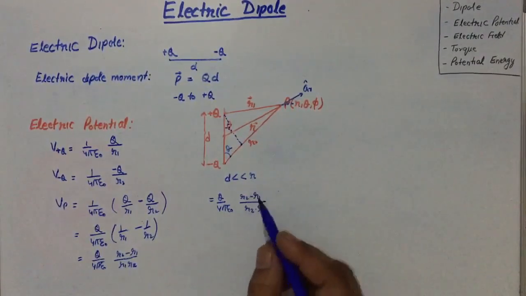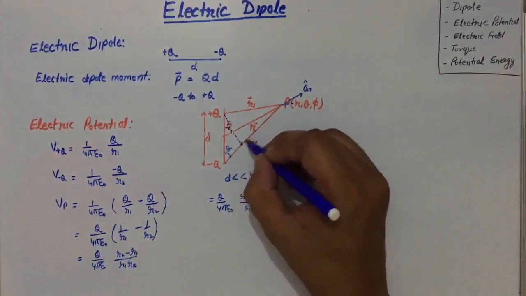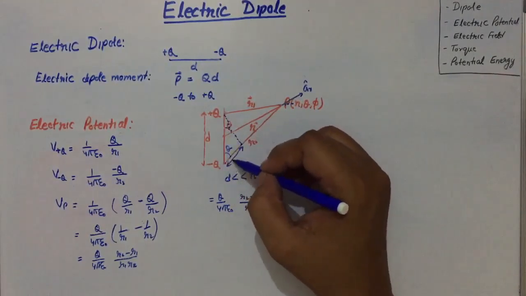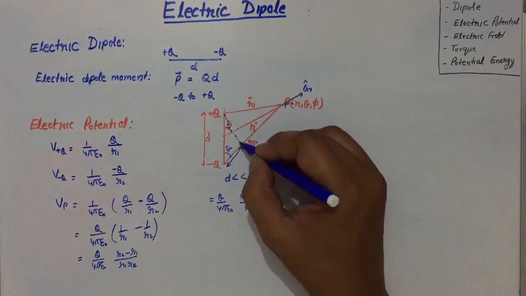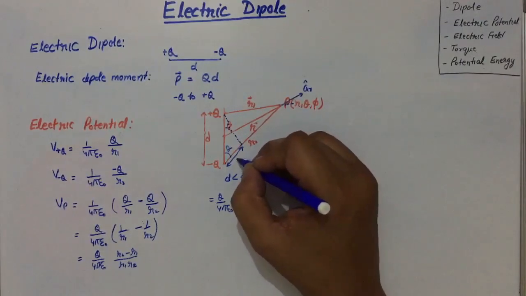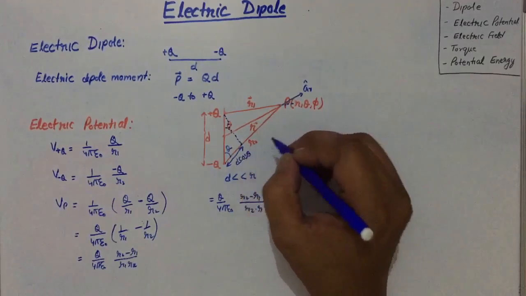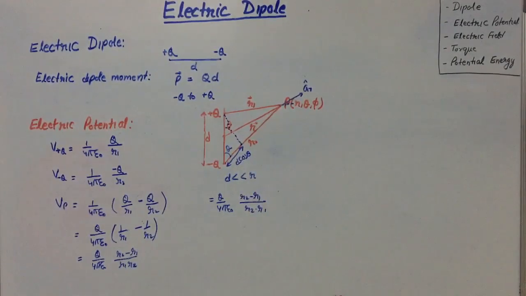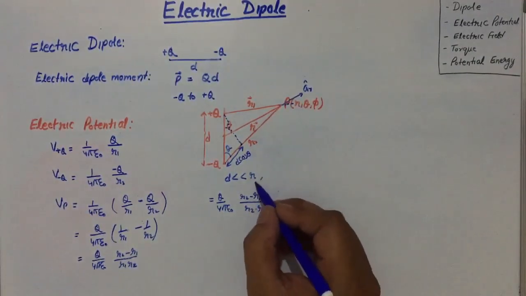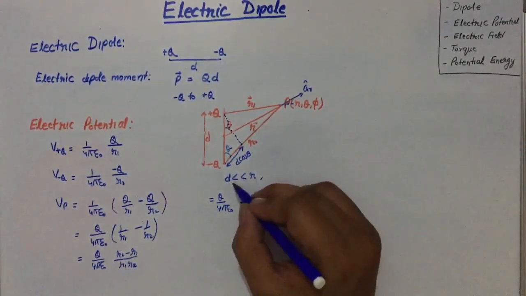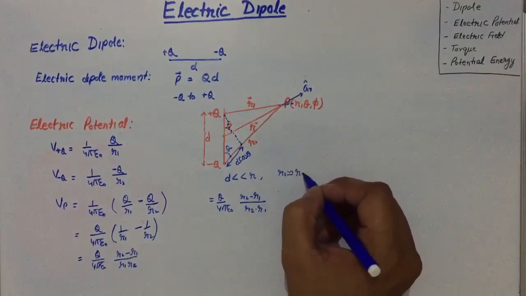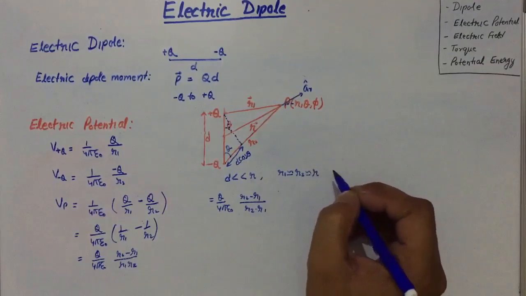This R2 minus R1 can be written as this length, and if the angle theta is almost 90 degrees, then it can be considered as d cos theta. This is the first assumption, and if it is so, then we can say R1 will be equal to R2, approximately R.